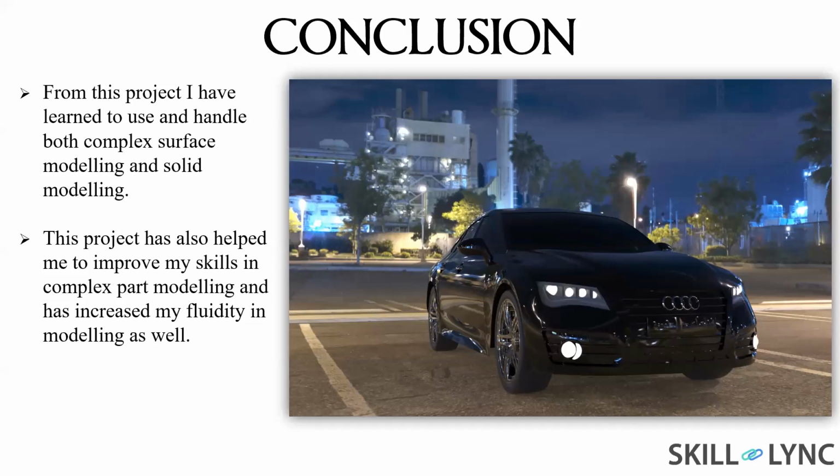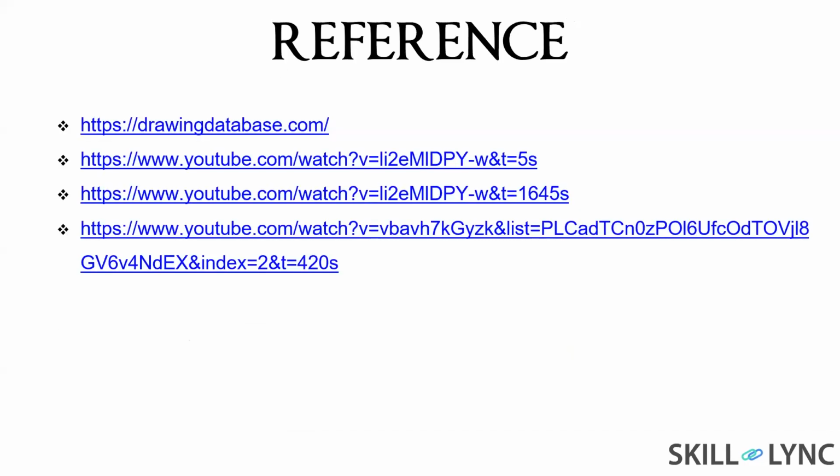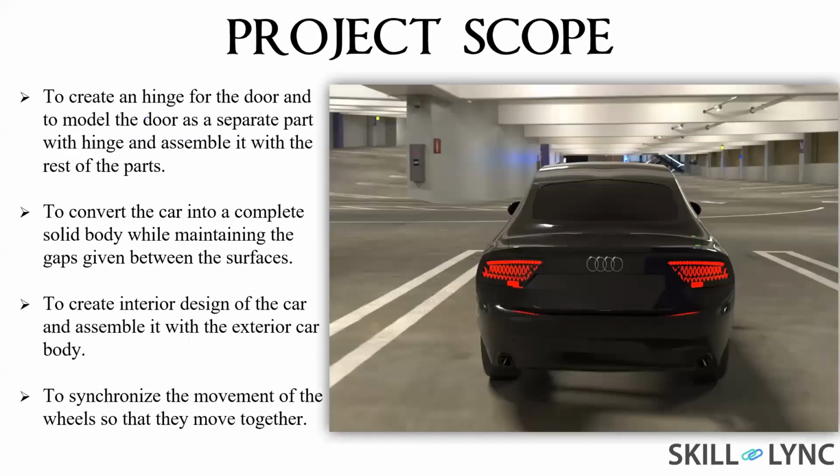It has also improved my skill to create complex surfaces in much less time, compared to my previous state. So these were the references that I used for blueprints, and I used some videos for the reference of the car body and caliper and the wheel rim to create it as realistically as I could.